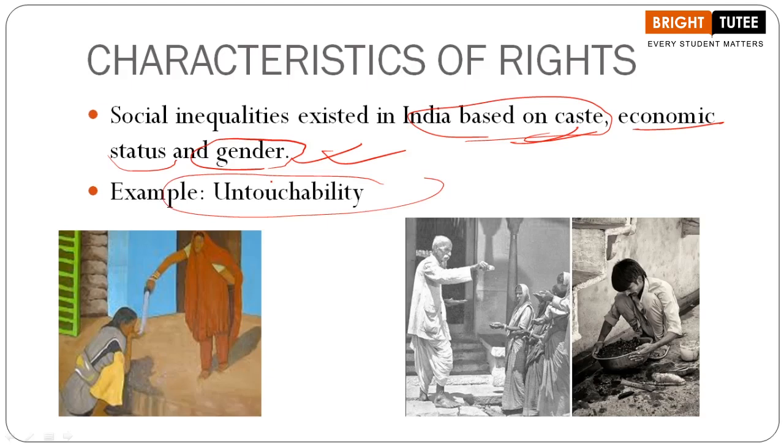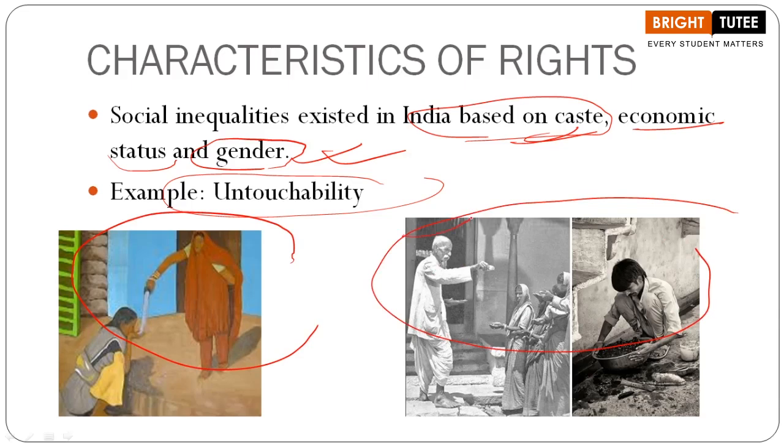Now, when we are talking about the history of our country, students, untouchability was practiced in our country. There was a certain section in our society that was not allowed to enter the house of the Brahmins. They were not allowed to use the wells, the public toilets, or, let's say, to enter the temples, right? They were not supposed to enter certain villages where upper caste people used to live.